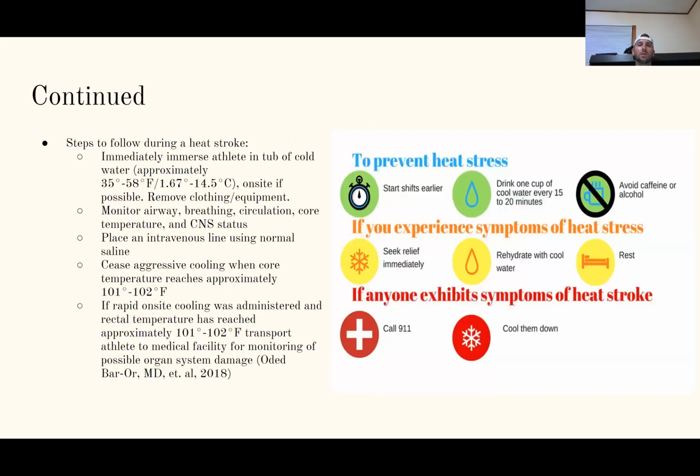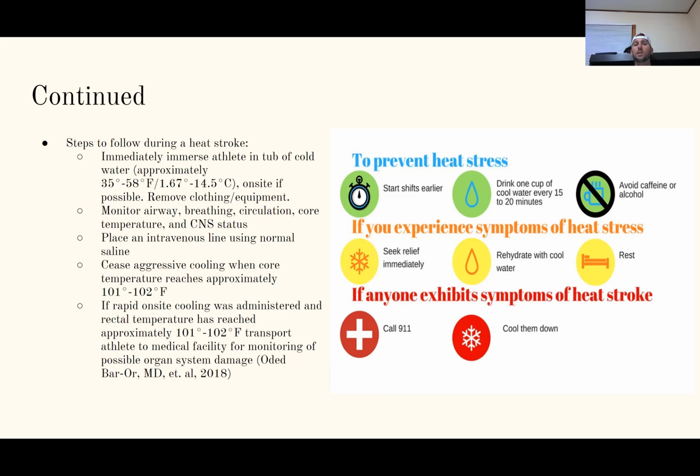So right here, I have the steps during a heat stroke. Over here, we get the athlete into the cold tub immersion, monitor their vitals, obviously. Might even have to place an IV into them.